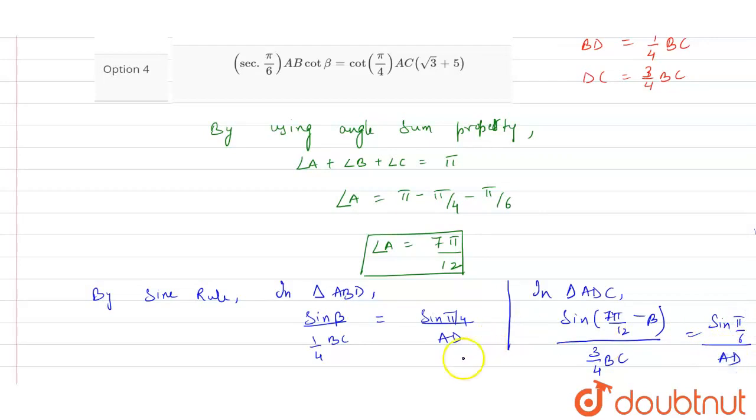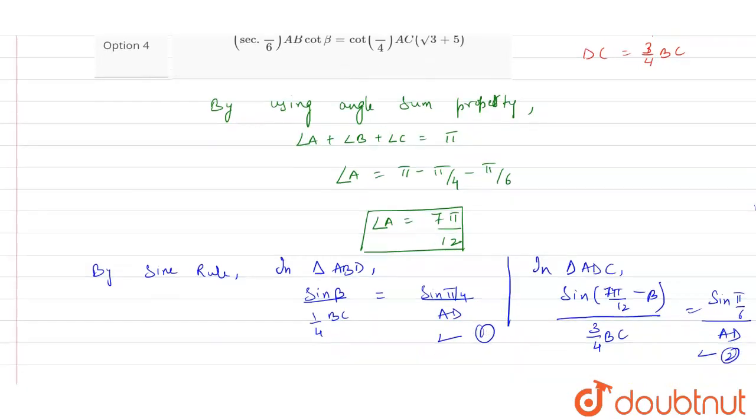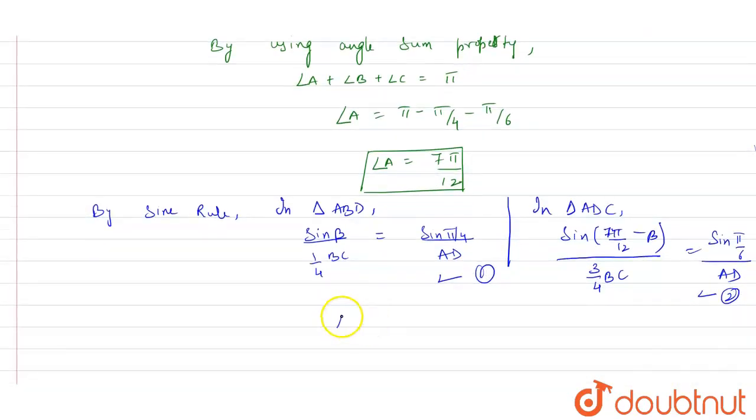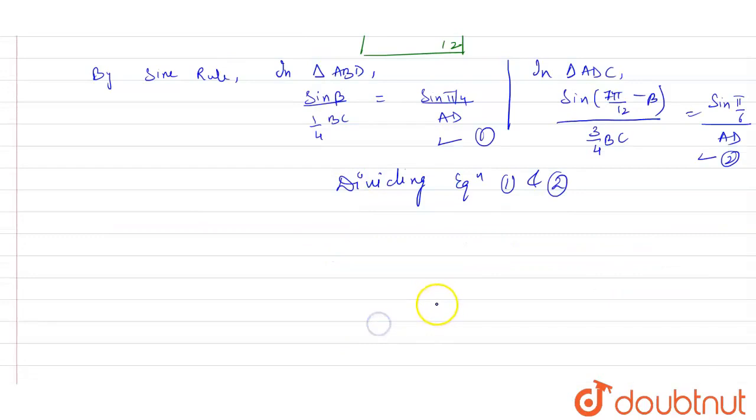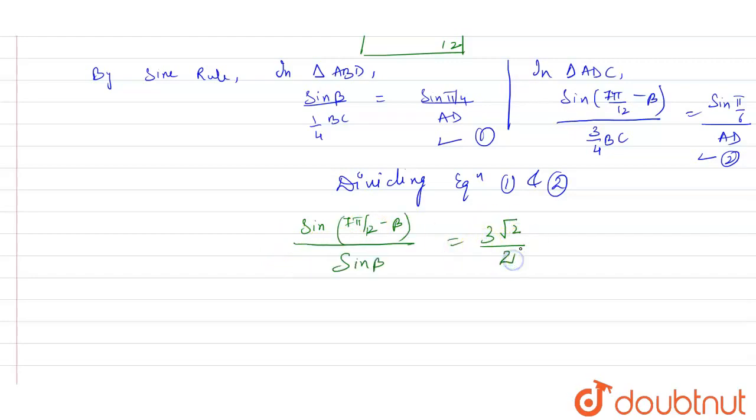So we have equation 1 and equation 2. So let us divide these equations, dividing equation 1 and 2. So we'll be getting sine 7 pi by 12 minus beta upon sine beta equals 3 root 2 upon 2.